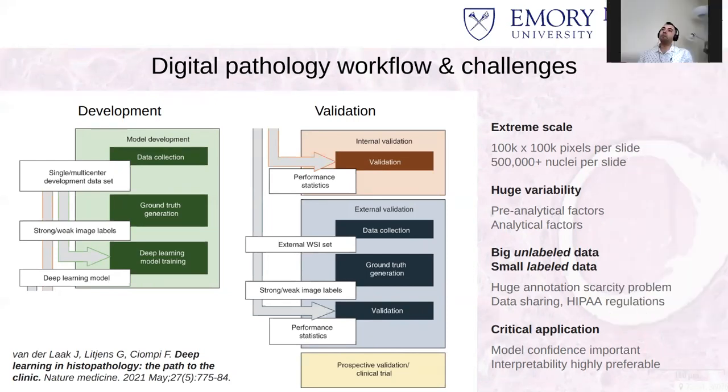Another problem that we face, that I also briefly alluded to, is that when people talk about big data, it's true, we have a lot of data in digital pathology. Some centers have hundreds of thousands of slides. The problem is that most of that data is unlabeled, and it's quite challenging to deal with unlabeled data in pathology. Because, for example, with a search engine, I know there are methods to use unlabeled data in clever ways to help you.